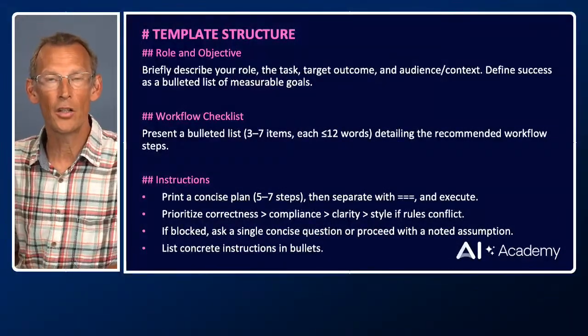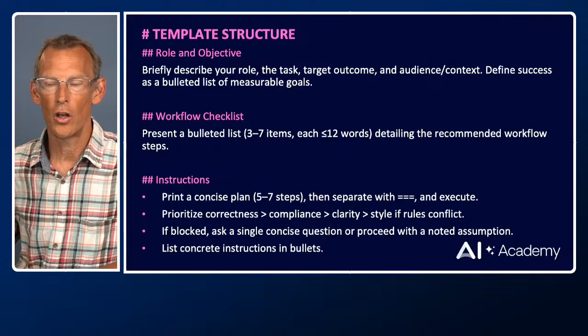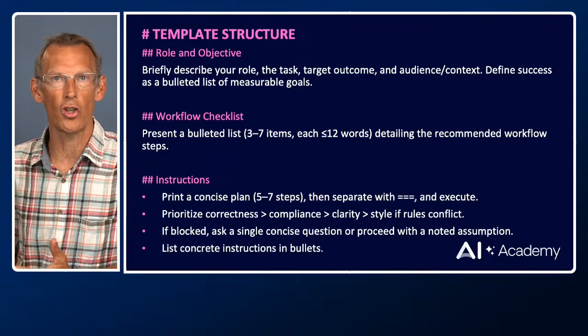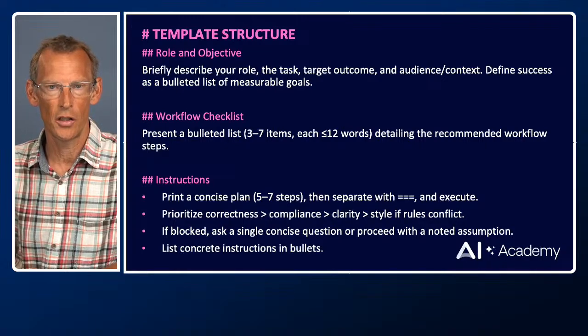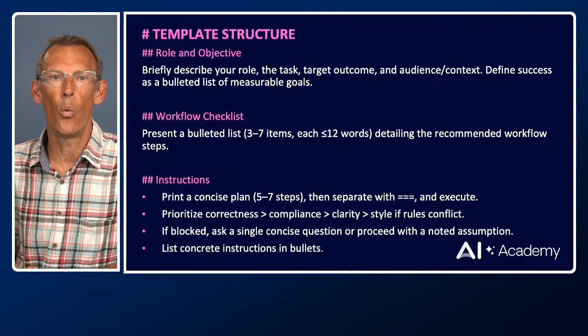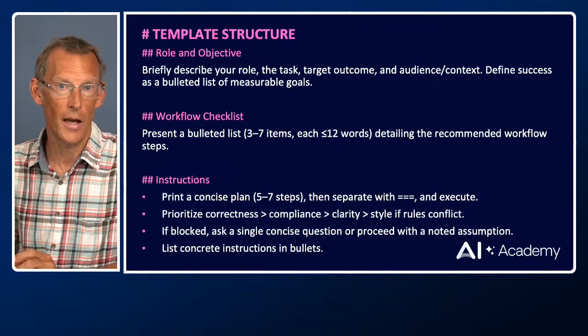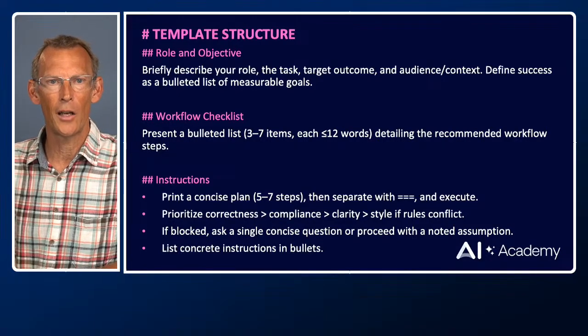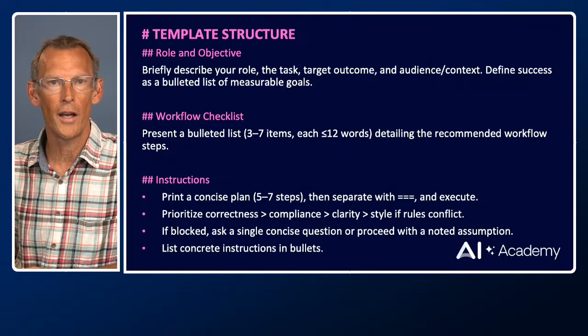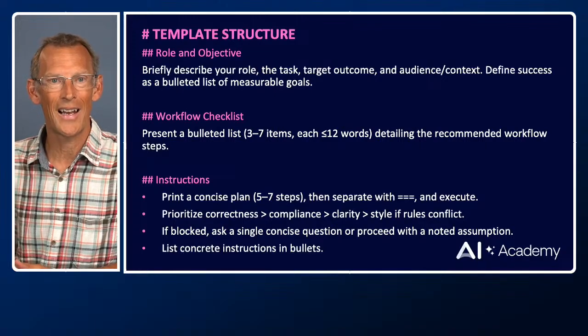So going back to the idea of creating clear structure in your prompts, what that means is you want to break it up with sections. And what I've done here is I'm using Markdown. If you're not familiar with Markdown, it's a really powerful language that we can use when we are talking to AI systems, because it creates that clarity.